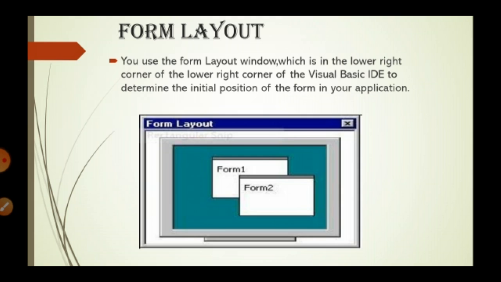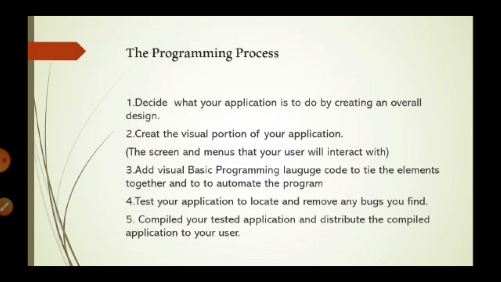Now next one is the programming process. Firstly, what is programming? Simply decide what you want your application to do by creating an overall design. It means create your design as you need it, prepare your design, and create it in Visual Basic. Next, create the visual portion of your application, the screens and menus that the user will interact with.